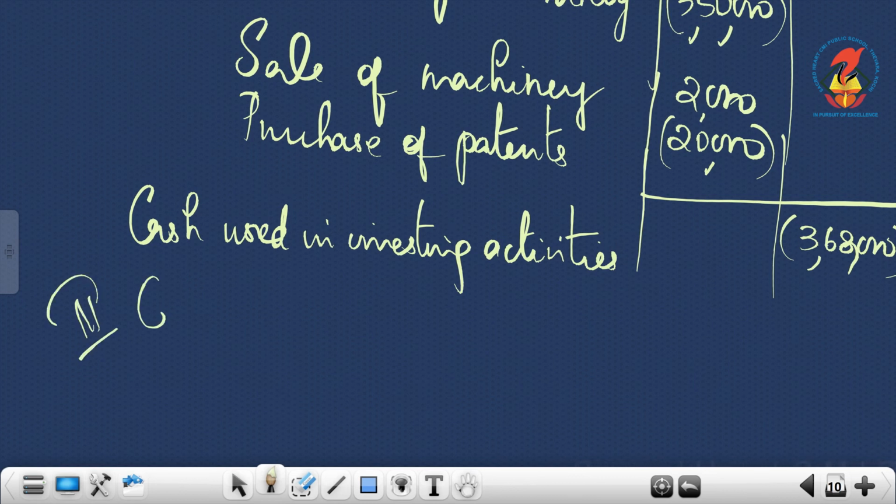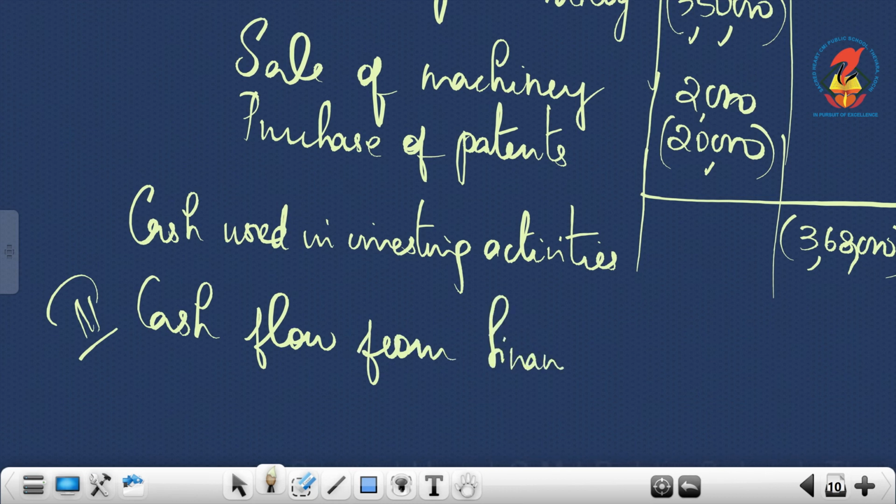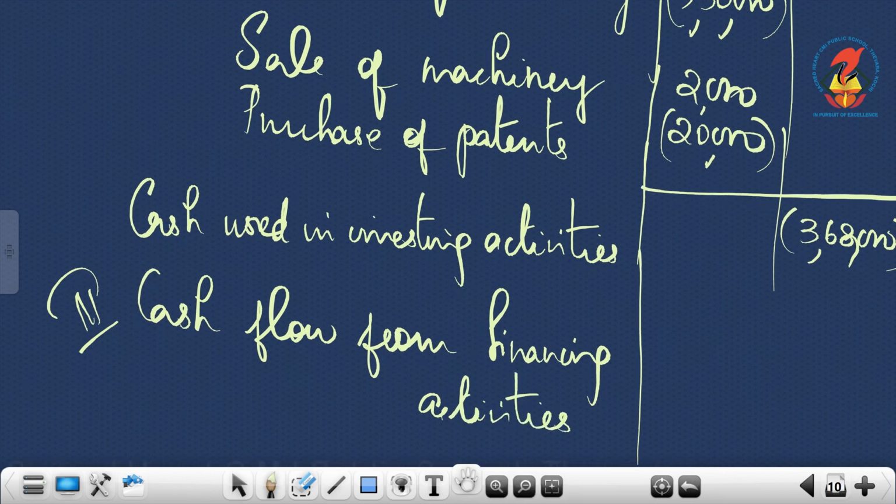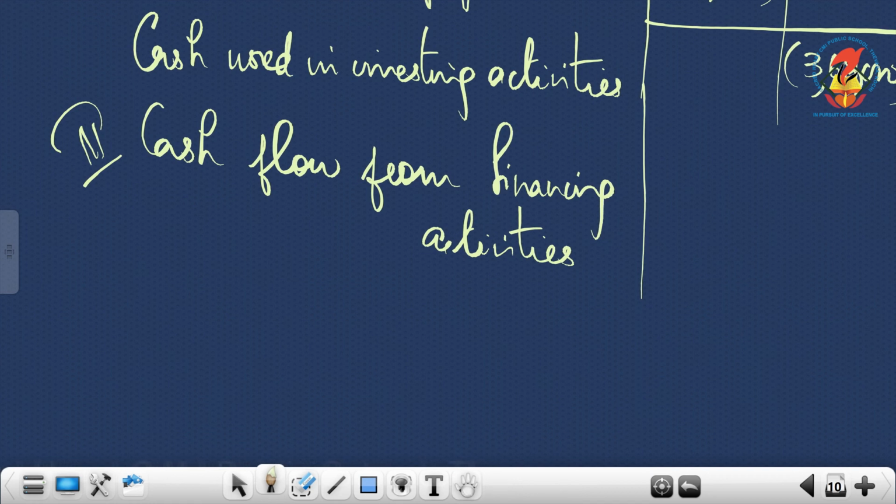Then the third one, cash flow from financing activities. Cash flow from financing activities, that means it affects the share capital and borrowings.